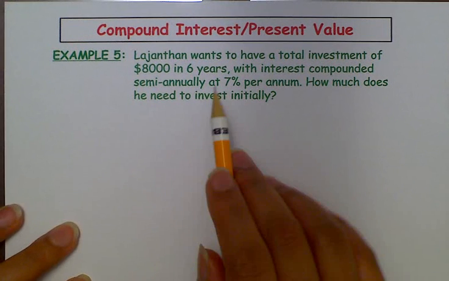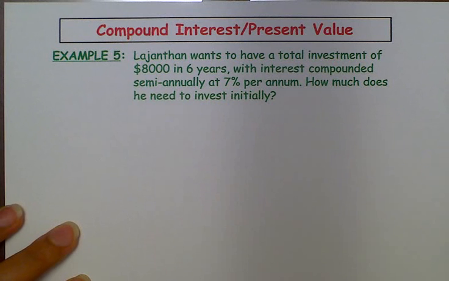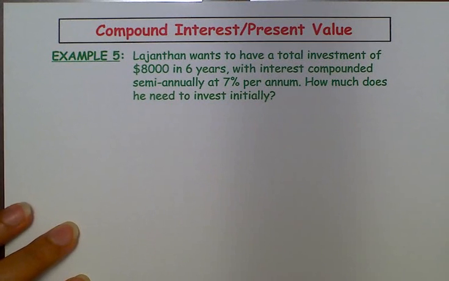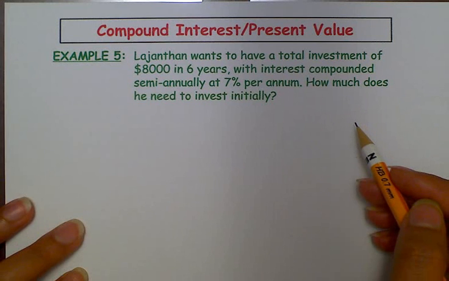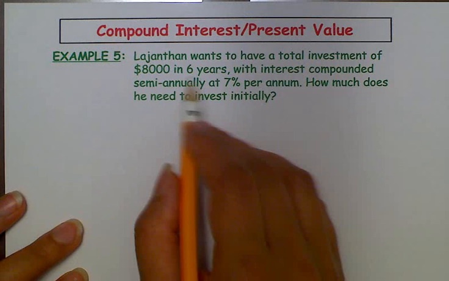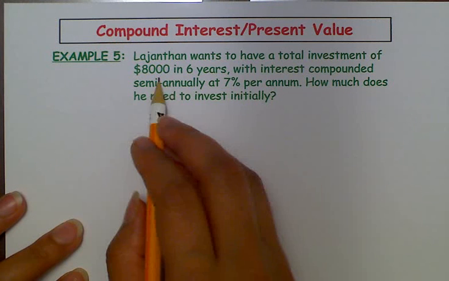Lyanton wants to have a total investment of $8,000 in 6 years with interest compounded semi-annually at 7% per annum. How much does he need to invest initially? Let's take a look at what information you're given. Lyanton wants to have a total investment of $8,000 in 6 years.